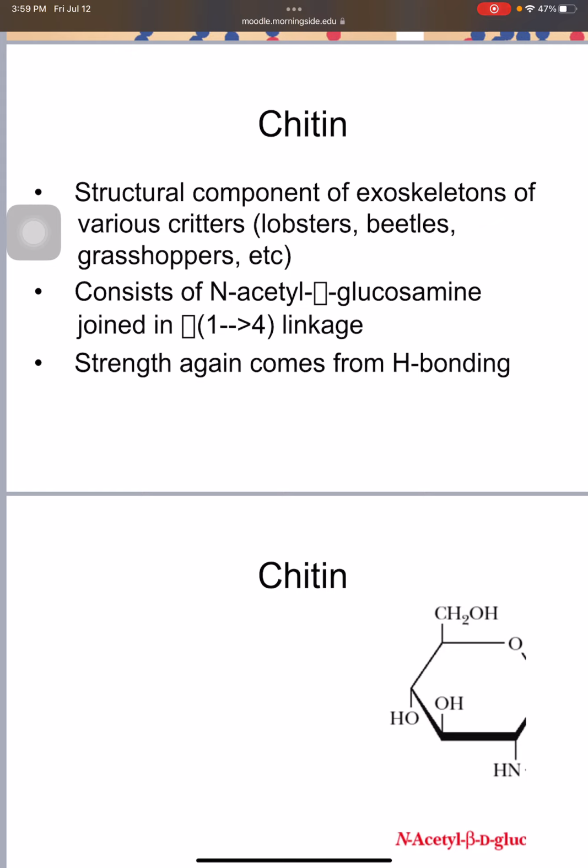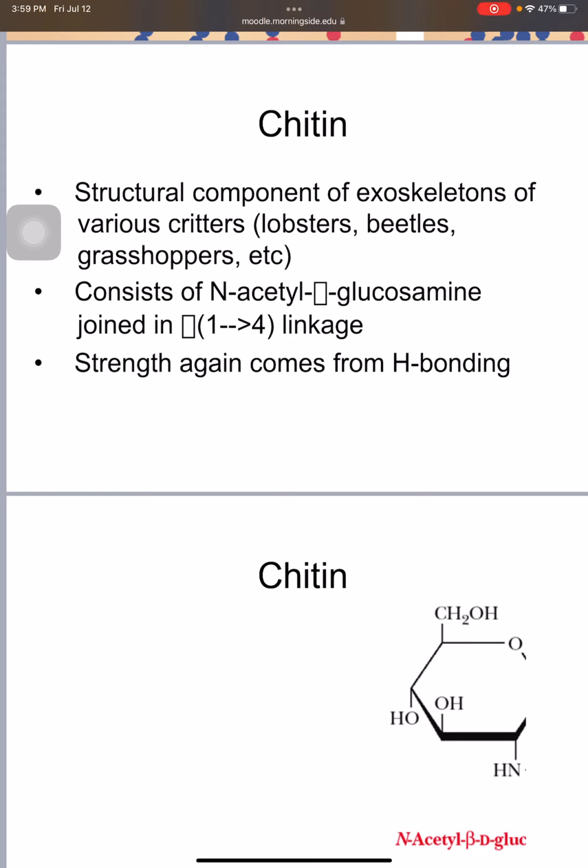I'm showing my lack of biology knowledge here, sorry. Let's just say examples: insects, crabs, lobsters, beetles. These are composed largely of chitin.